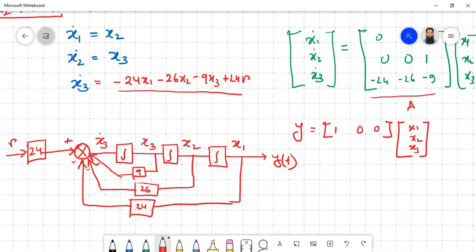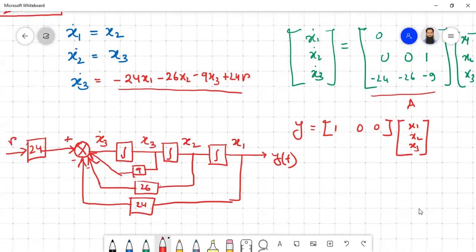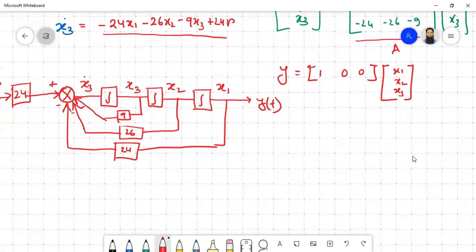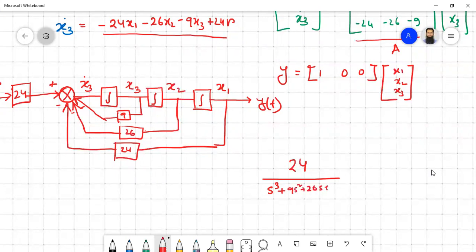Okay, so this is a simpler case, and we also have to keep in mind that we assumed a transfer function that doesn't have any dynamic numerator, only a denominator. In the numerator, we have a constant value, 24, and in the denominator, you have s cubed plus 9s squared plus 26s plus 24.